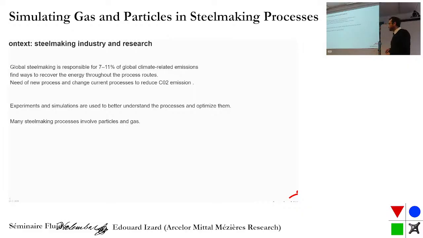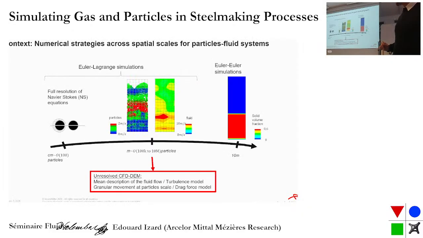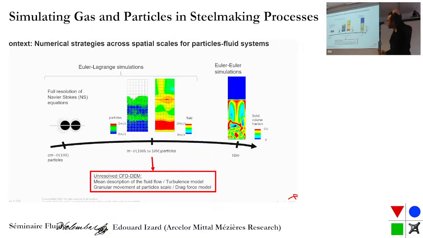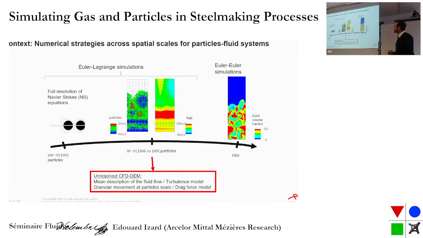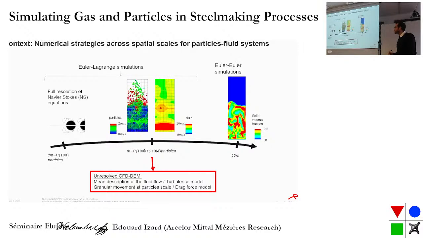And I will focus my talk on two of these processes that involve gas and particles. To give you more context, I'm showing some numerical strategy across spatial scales for particle-fluid systems.